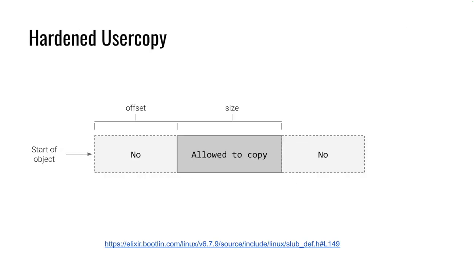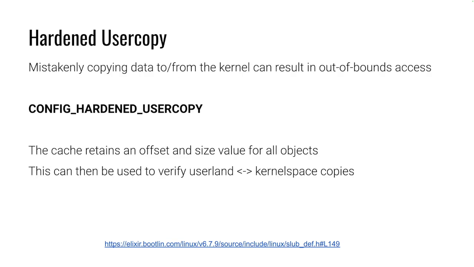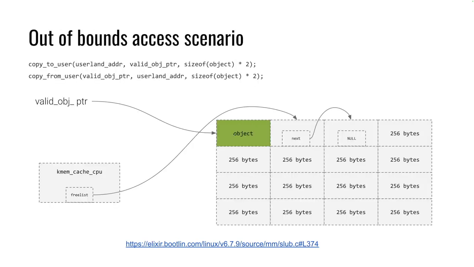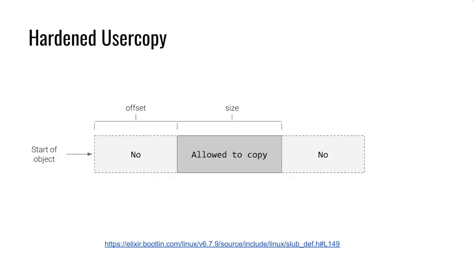We can take a look at kind of what that looks like. So up above here, we had this kernel object, right? And we said, well, they could copy this entire kernel object. Well, what if instead of starting the copy at the beginning, the intended use of this kernel object was to just copy a small subsection of the entire kernel object?